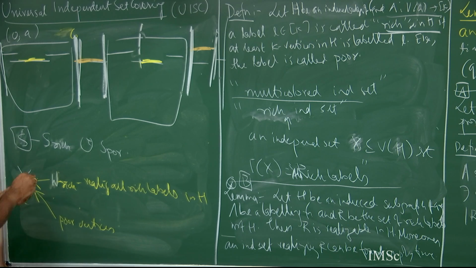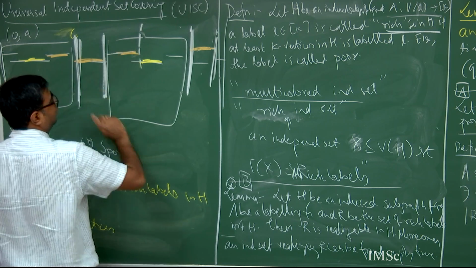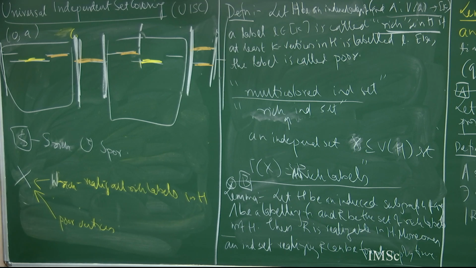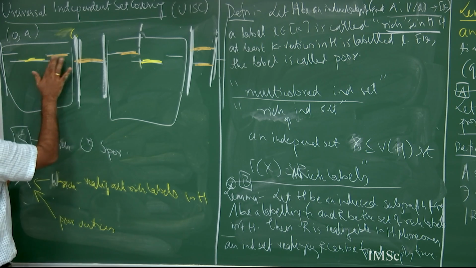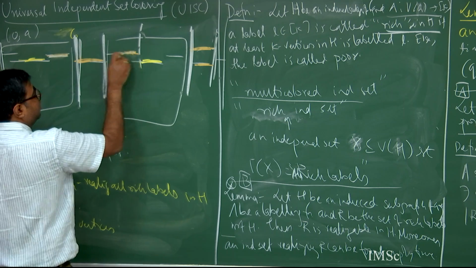For example, this is also a poor label, this is also a poor label. But when I zoom into poor labels corresponding to a particular set, I forget about this. This is not a poor label at this point of time. I forget about it. But this is there.